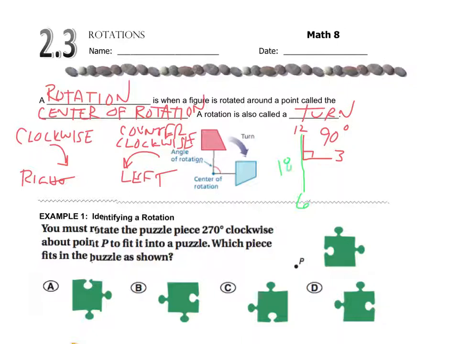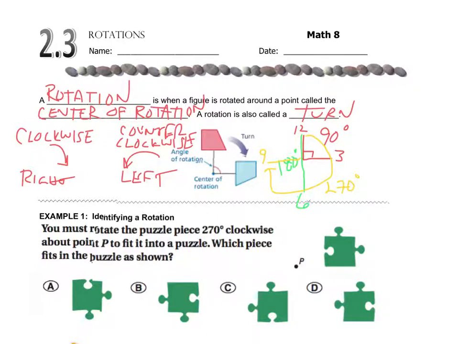There's 180 degrees. And if I was stopping at the 9, coming from the 12, from here all the way around to here would be 270 degrees, because remember, a full circle is 360 degrees.